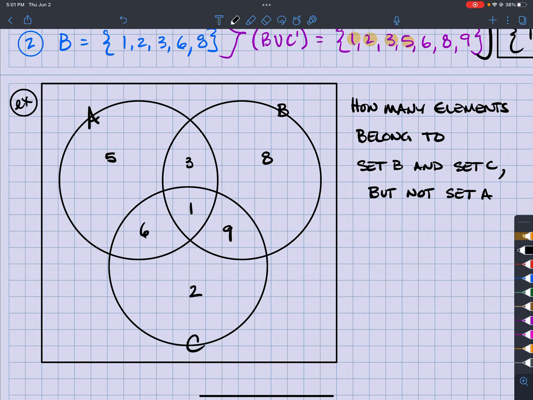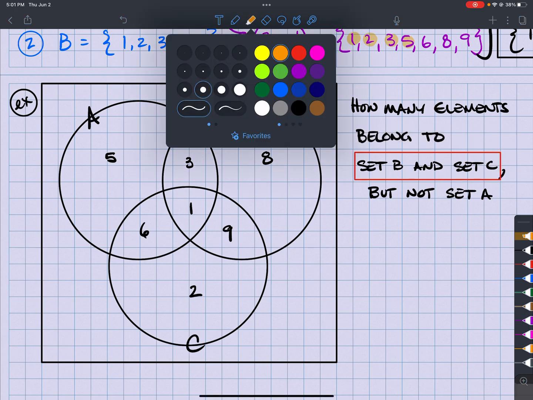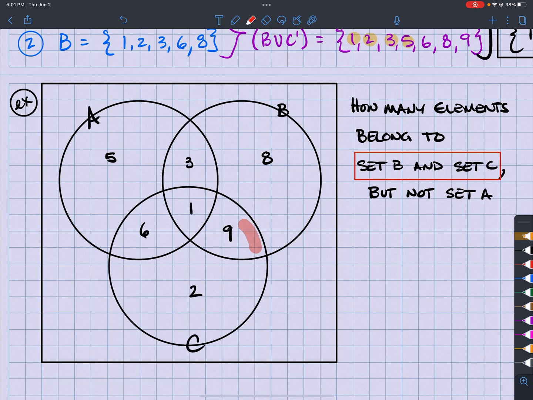So if you look at set B and set C, let's do it this way. Let me go ahead and box this part. This part right here would be this region right here.